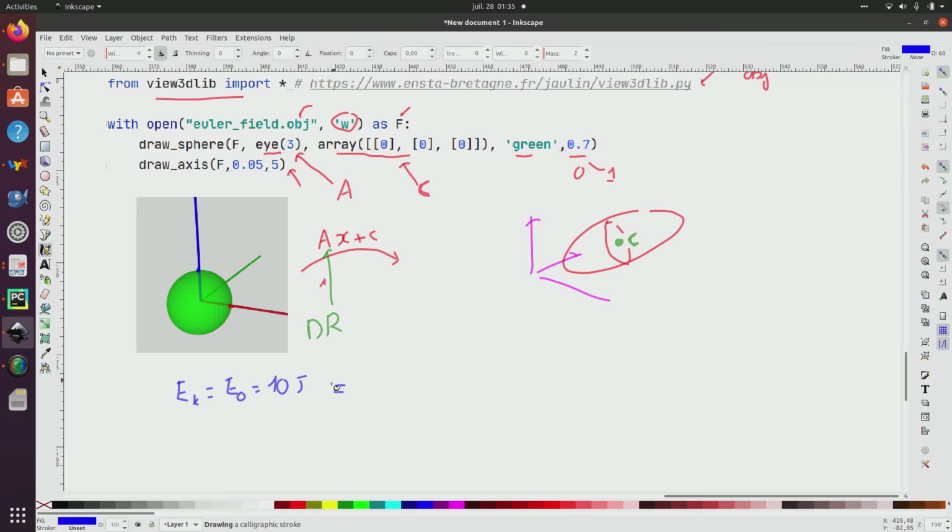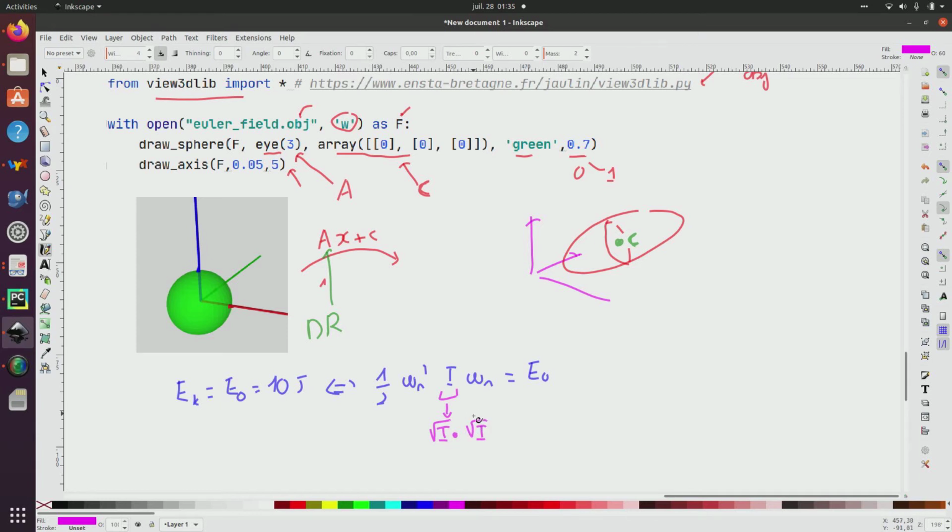For this, I know an expression for the kinetic energy, and it is given by this: one half omega r transpose multiplied by I omega r, and this should be equal to E0. Now this matrix I is diagonal, but since it is an inertia matrix, it is also positive semi-definite, so there is a square root. So I can write it like this multiplied by this, which is symmetric also.